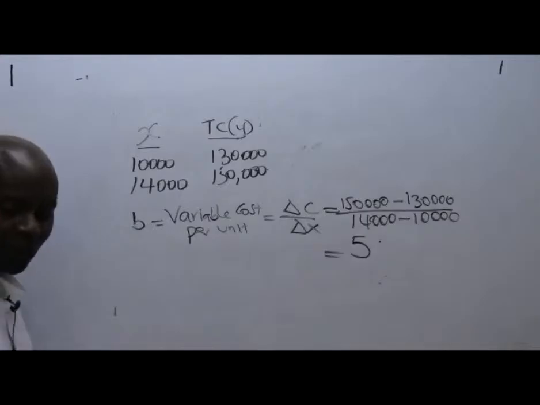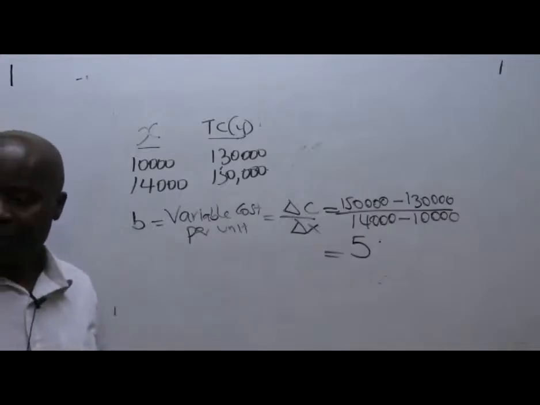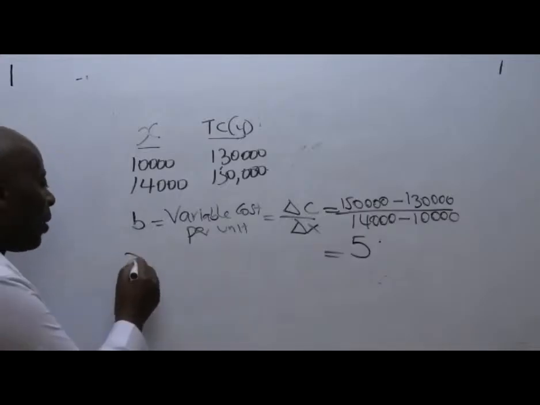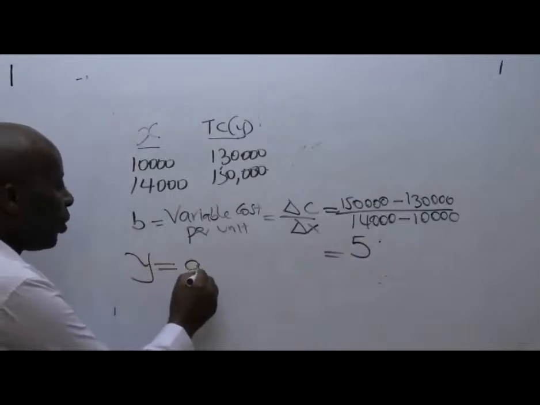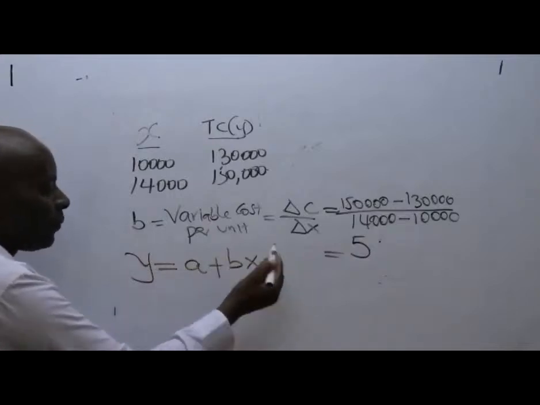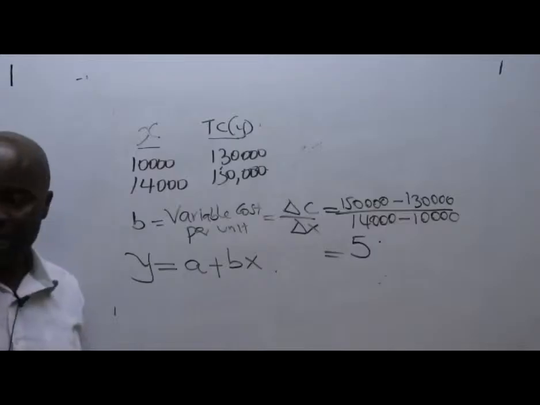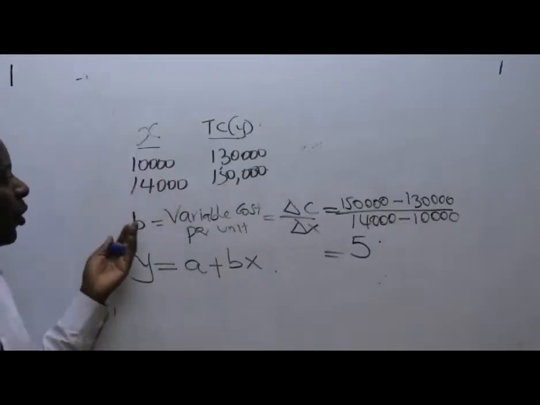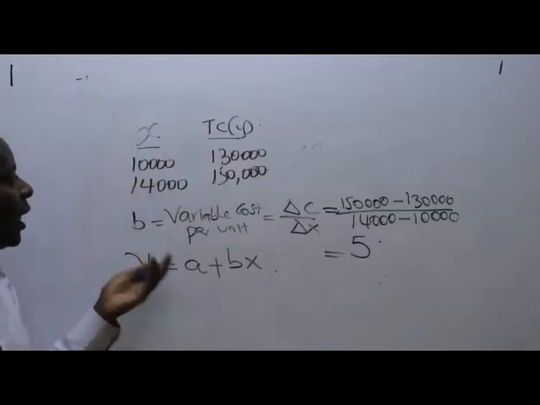Which is A. Remember, our straight line equation is y equals A plus bx. So you pick any of the 2 points, this or this, any.